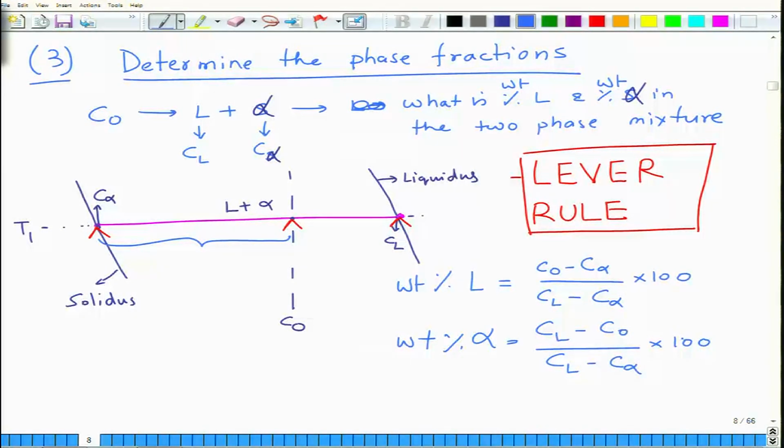So in one case you are considering this divided by total, in the other case you are considering this divided by the total.